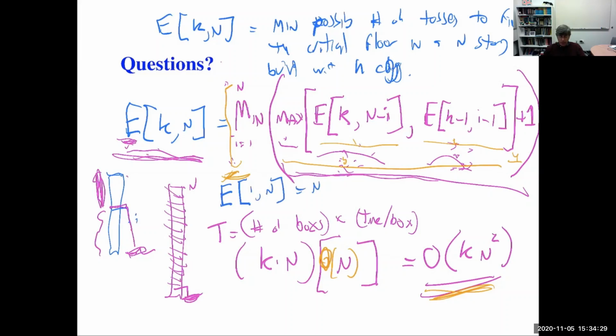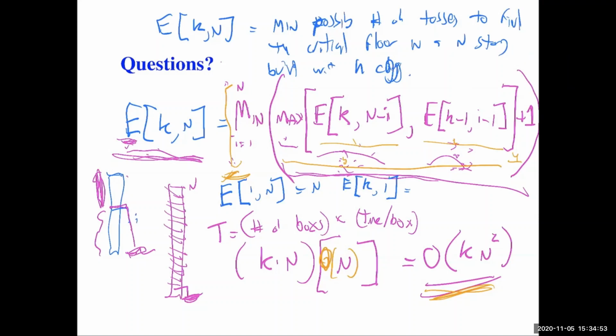The only other case that I'm wondering about that's probably interesting is, what is E of k eggs and a 1-story building? You know how much that's going to cost? One. I think that's 1. That looks pretty good to me.